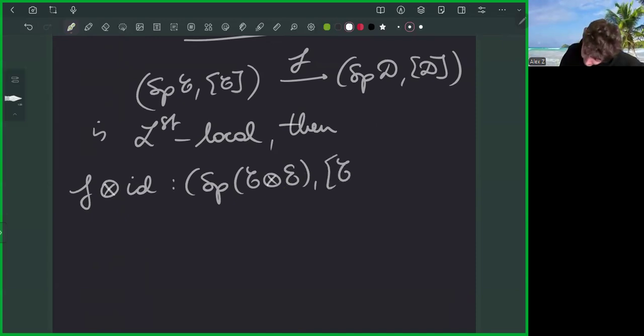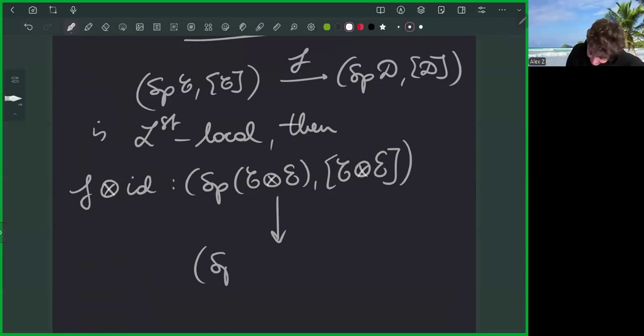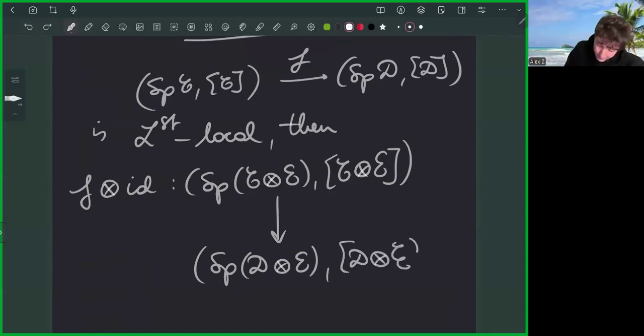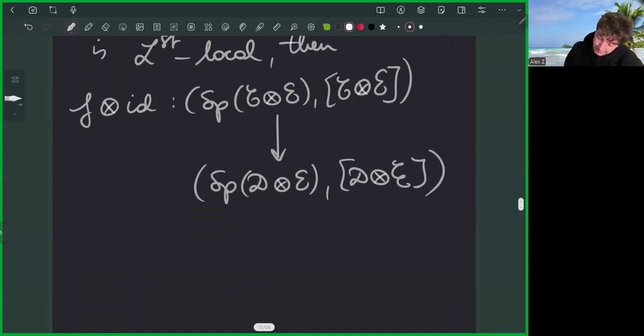And so we have to show that this canonical map, this here, is also LST local. So this is what compatibility means.